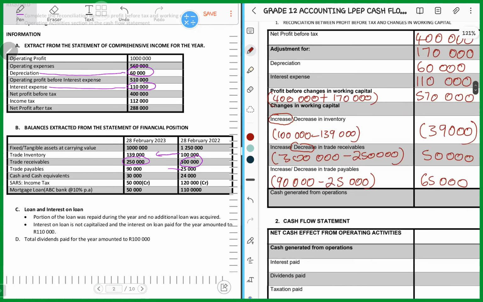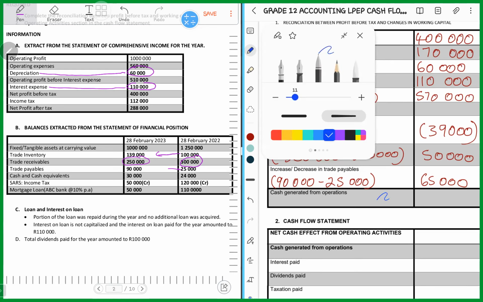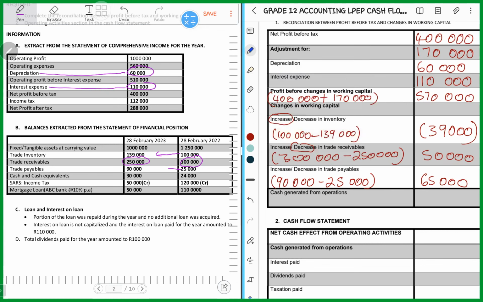So when we calculate the net change in working capital, it's very simple. The inflows are positives and the outflows are negatives. We're going to start from the bottom up, meaning it will be 65,000. Then we're going to add the inflow of 50,000.